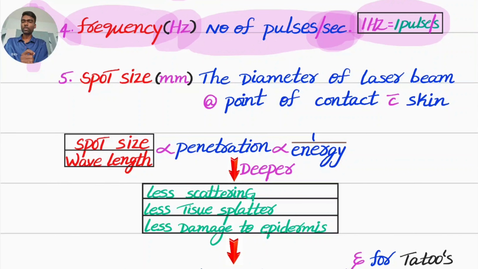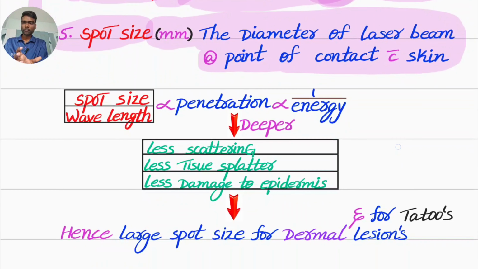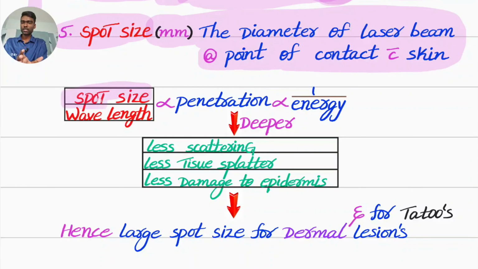Coming to spot size, measured in millimeters, nothing but the diameter of the laser beam at the point of contact with skin. We can select the spot size. What is its importance? Spot size and wavelength are both directly proportional to penetration of laser light and inversely proportional to energy. I already told you, wherever you see the word energy, it indicates fluence if it is delivered onto the body.